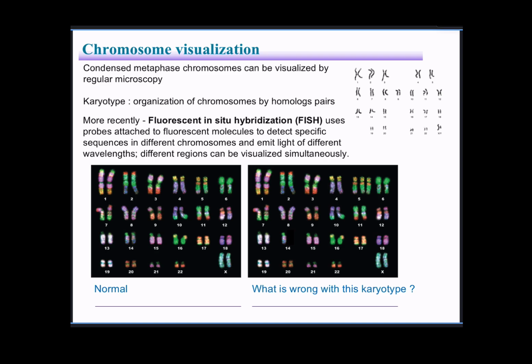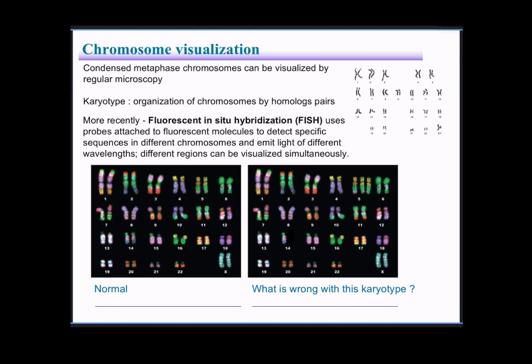And each of those probes will fluoresce in a given color, in a given wavelength, right? So you end up generating these pretty beautiful images of the different chromosomes with different colors that are associated with their different regions, right?